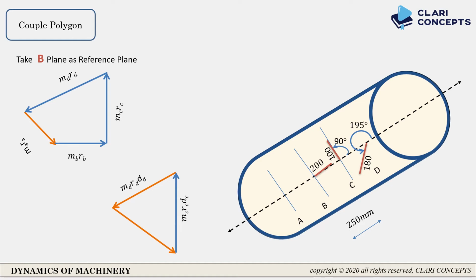The length of this arrow shows the couple produced in plane A, whose magnitude will be ma Ra da, and the angle you have to find from the force polygon.